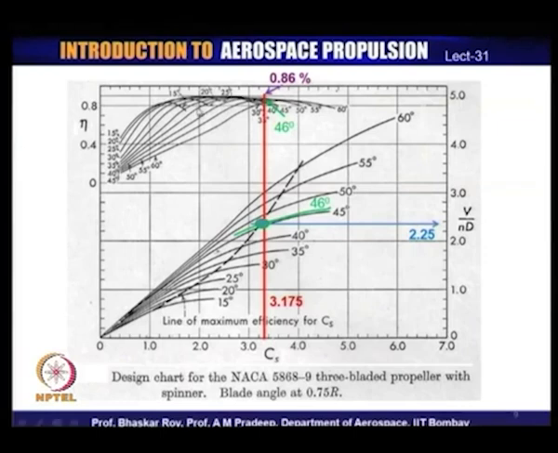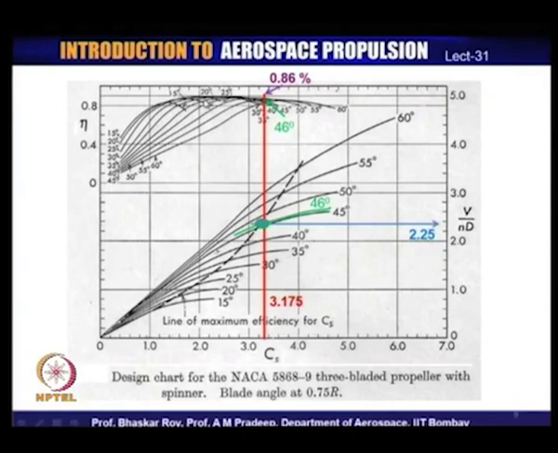The efficiency is also shown here with various blade setting angles. At the lower blade setting angles, as we can see here, the range of operation is over a very small range of C s, and the C s range is extended at higher and higher angles of beta, the blade setting angle. At each of these blade setting angles, you can reach fairly good efficiency.